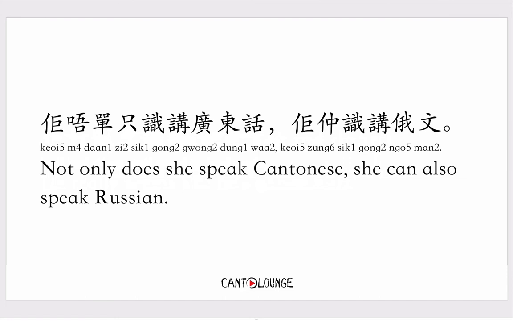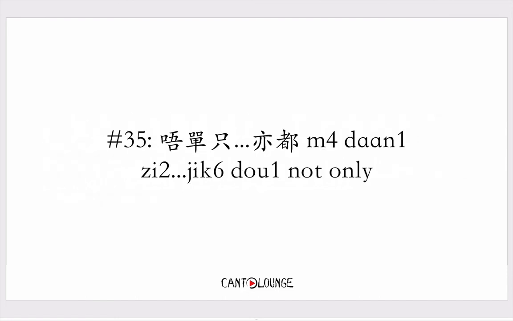So 佢 he not only 唔單止識講廣東話 speak Cantonese, or she, 佢仲識講俄文 she also can speak Russian, right? Sometimes you see 話 for languages, sometimes you see 文 for languages. It just depends, right? And if you're ever unsure, of course, you can always consult a native speaker.